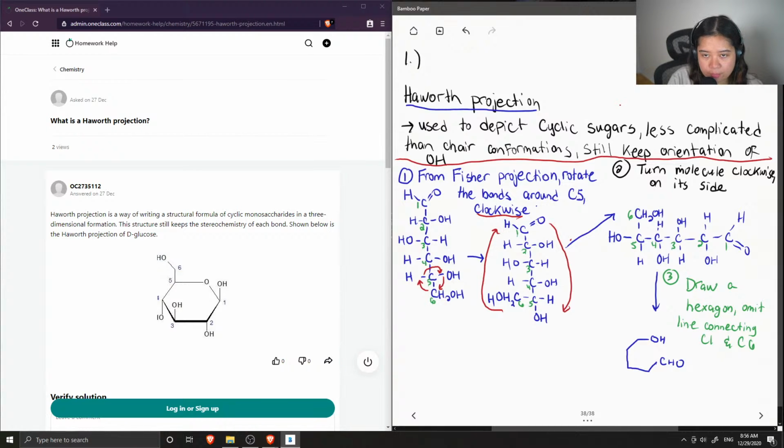But then step 4 is to just add all of the OH groups and CH2 groups with the same orientations. So I'm just going to show that carbon 6 is up here.